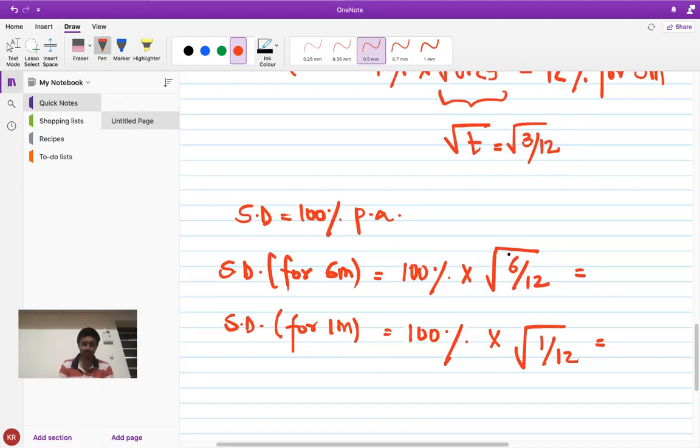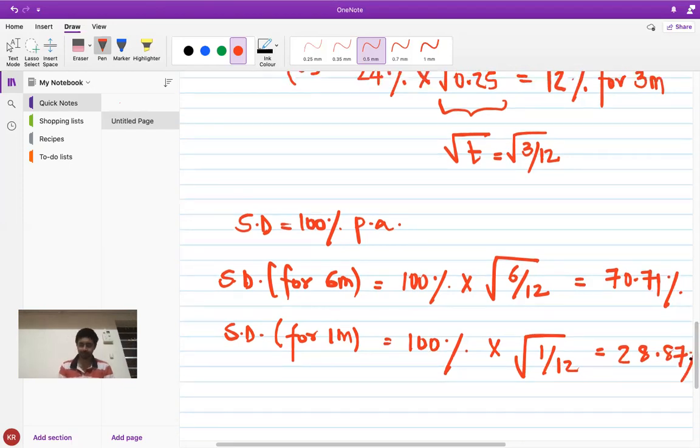So the first answer will basically be 70.71%, and the second answer is 28.87%.